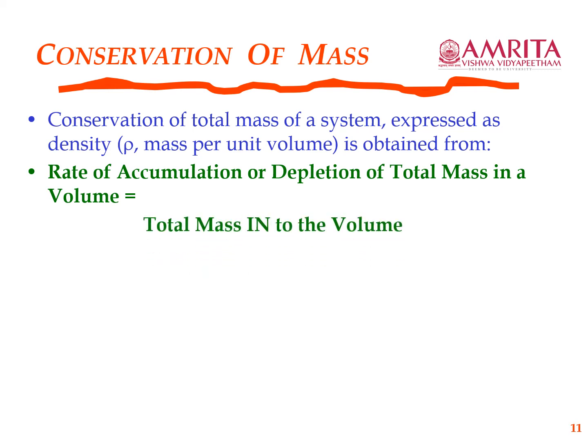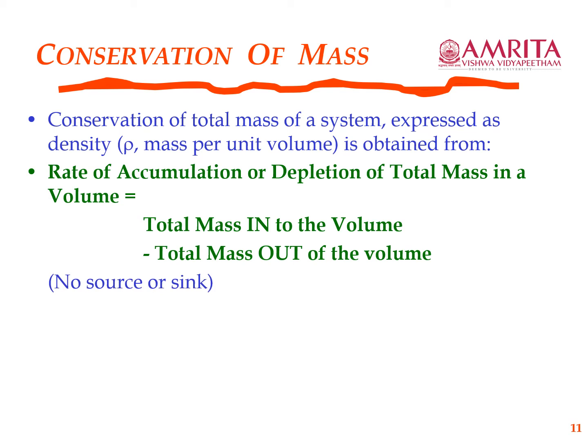It is given by total mass coming into the volume minus total mass leaving the volume by convection, by bulk flow. There are no specific selective molecular flow mechanisms for the total mass. They could be there for individual species, for momentum, or for energy, but for the entire substance it is only the bulk flow, and there is no source or sink.